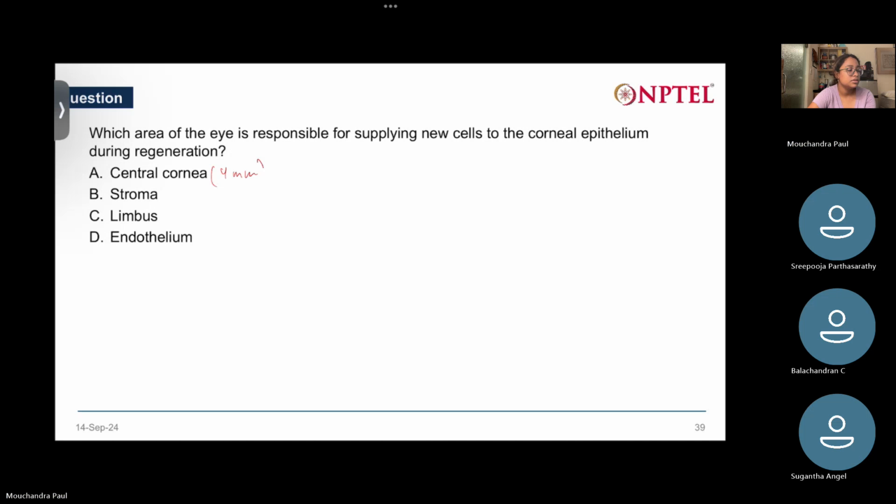New cells must come from a source in the eye where there are some stem cells that proliferate into progenitor or precursor cells, and they further proliferate and give rise to new cells like basal cells, which maintain the stratified layer of the epithelium, corneal epithelium. So from where are these new cells coming in the eye, in which region of the eye?